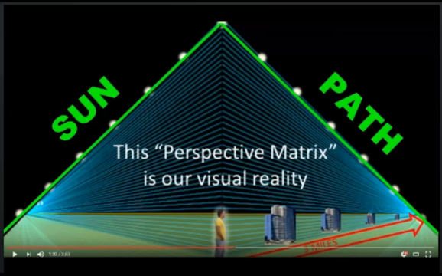I just wanted people also to understand, when we're looking at this perspective matrix, that the reason it's going like this is because this, as you well know, is a straight line, but here it's further away, here it's closer, and here it's further away. And this is its zenith, which changes a bit during the day and during the seasons.